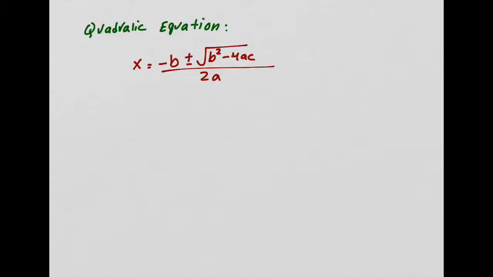Now, a quadratic equation is when you have, I'm just going to make up an example, trying to figure out this problem: x squared minus 380x plus 2,197 equals 0, okay?